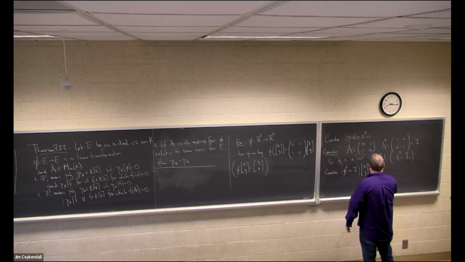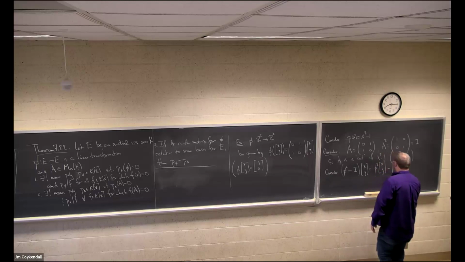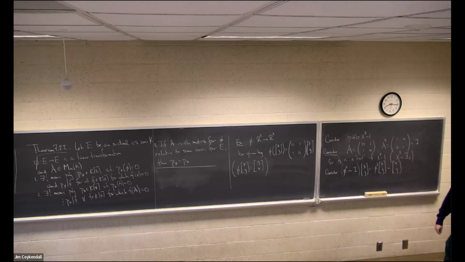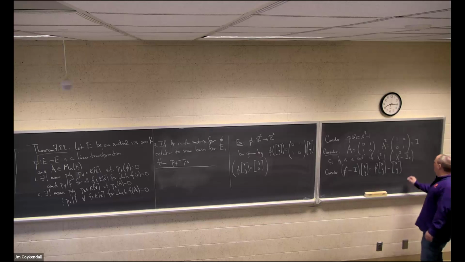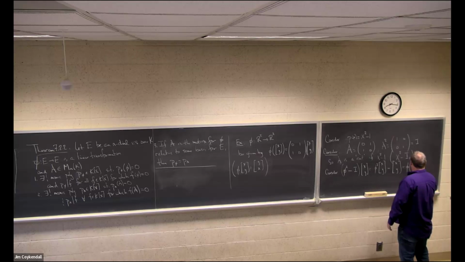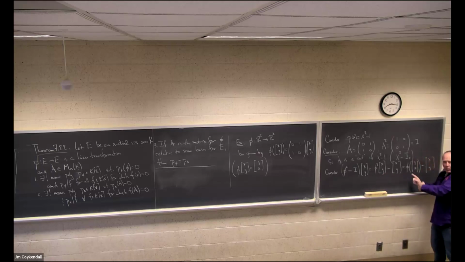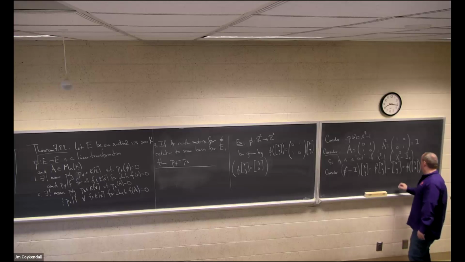This is phi squared of (x, y) minus (x, y), right? But this is phi of (y, x) minus (x, y). Going from here to here, I just applied phi once to the first coordinates. Now apply phi again.